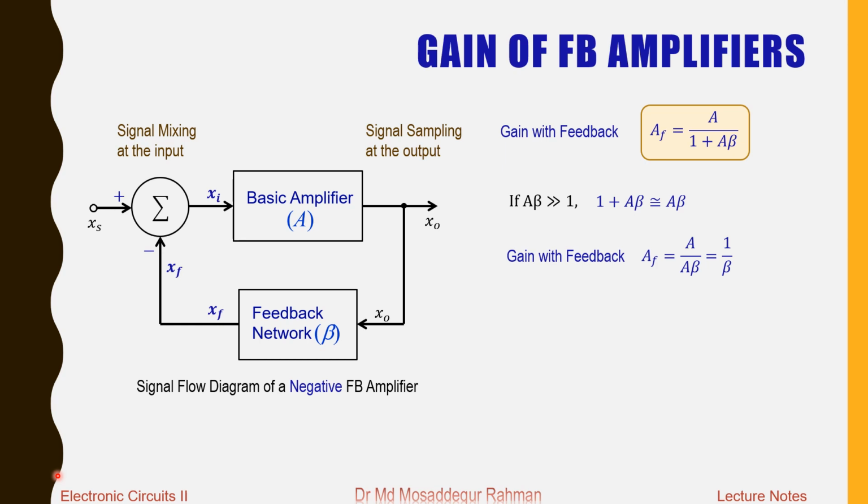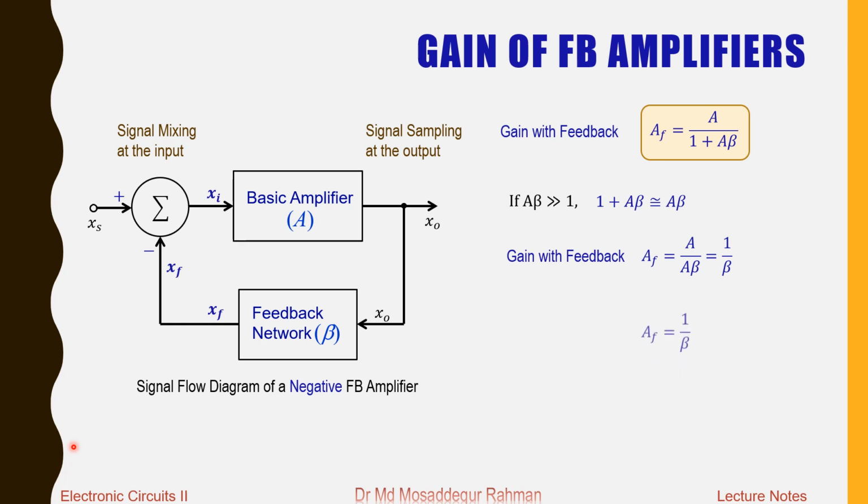Now this is a very simple, interesting and significant expression. Why is it very significant? What is the significance of this very simple expression? Because you see that AF, the overall gain or gain of the feedback amplifier, depends only on the feedback factor beta.